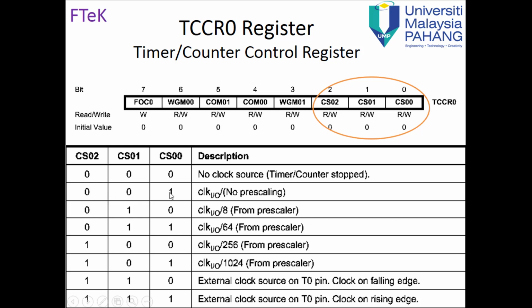If we put 001, it's no prescaling, and then 010 is 8, 011 is 64, and so on. 110 and 111 are for external clock on falling edge and on rising edge. So this timer can accept an external clock, and it also provides prescaling using these 3 bits, CS00, CS01, and CS02. The other bits are used to decide the mode that the timer is working in.